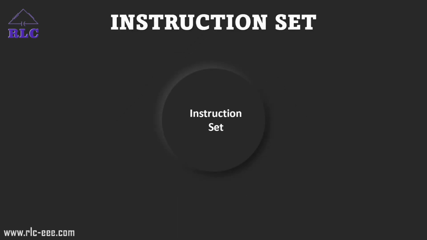Instruction sets. The 8051 microcontroller has a rich instruction set that allows arithmetic and logical computations. In order to perform arithmetic and logic operations, the CPU needs data. That data may be in internal or external memory, or it may be immediate data.